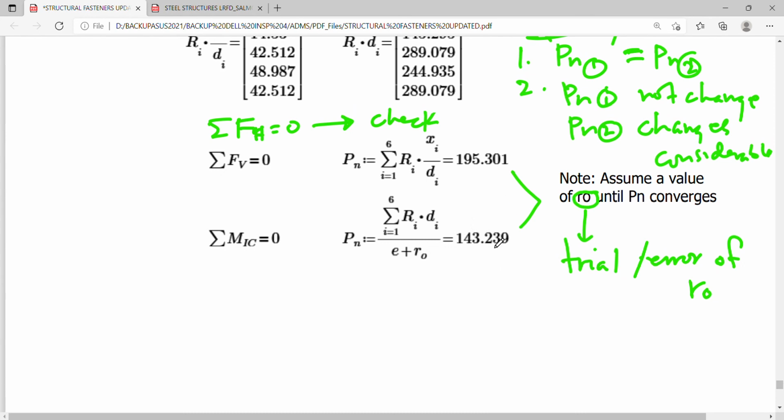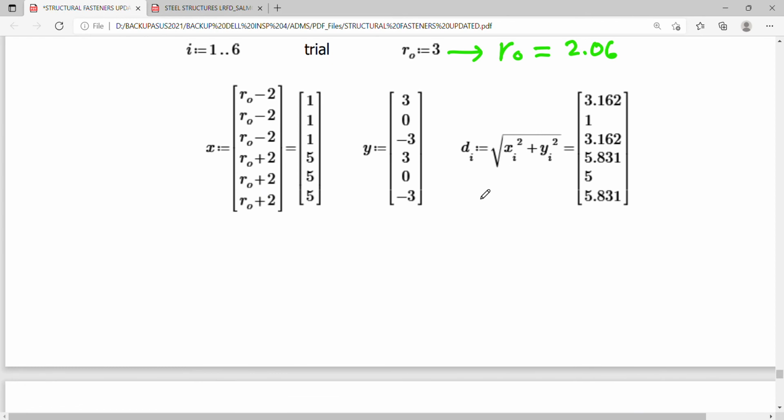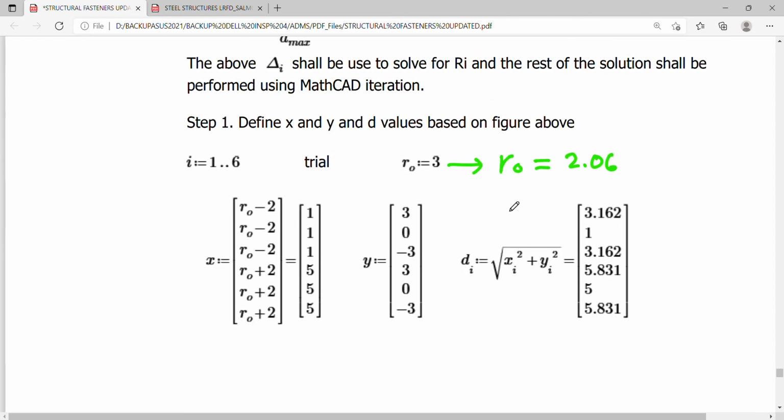The correct value is not yet 143. I think this is something like 138, if we assume a value of Ro equivalent to 2.06.